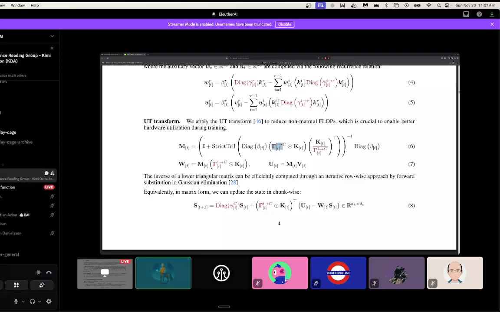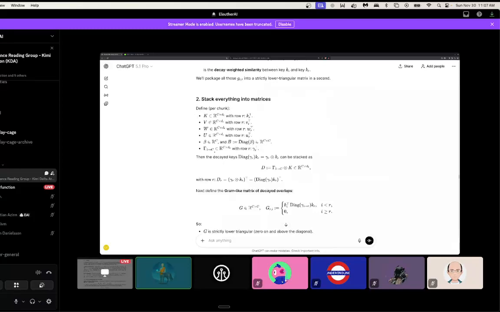If you work this out, the fact that you're multiplying here and dividing here and taking the strict lower triangular matrix here means that you're going to get exactly these. Okay.